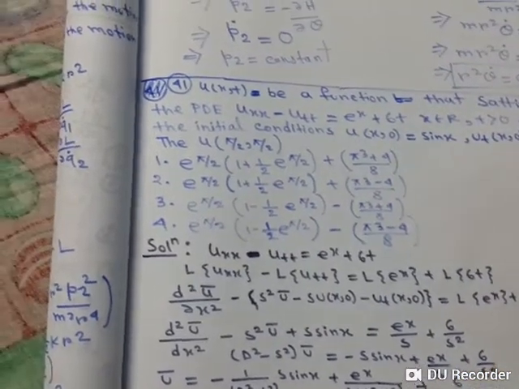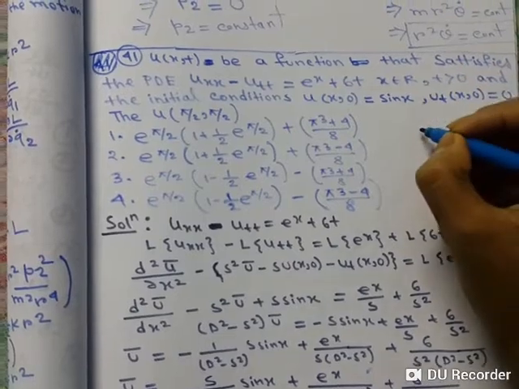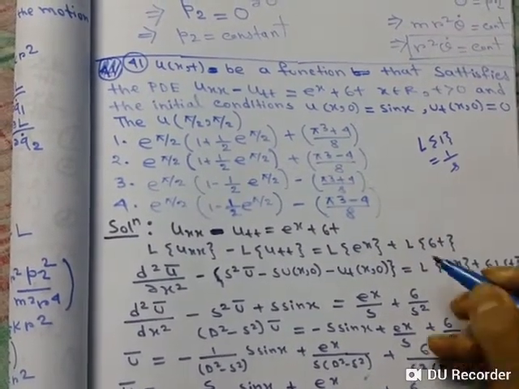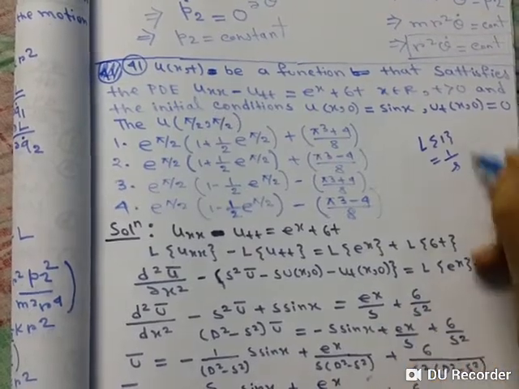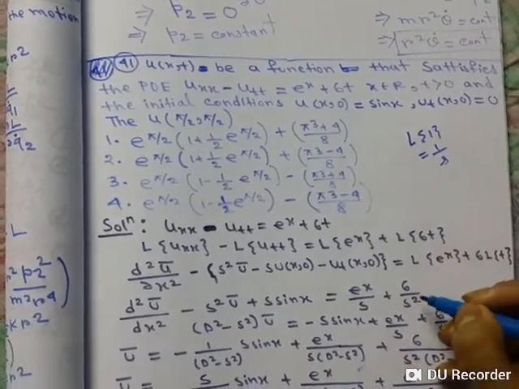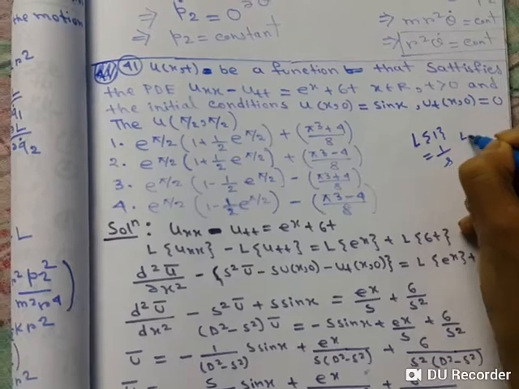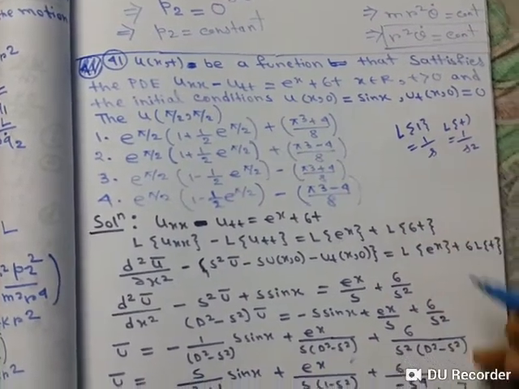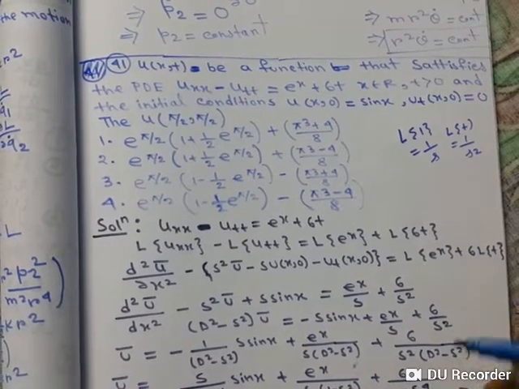We know that L of 1 equals 1 by s, and L of t equals 1 by s squared, so here 6 by s squared.